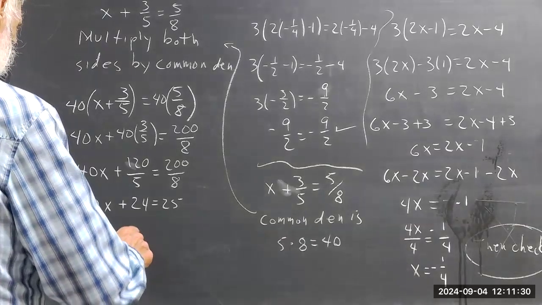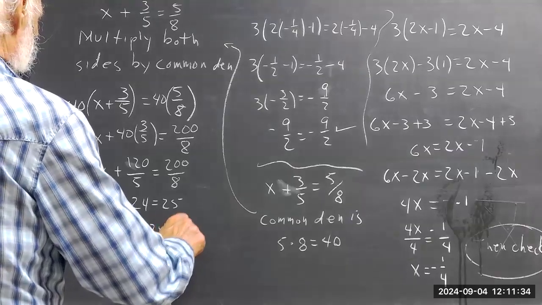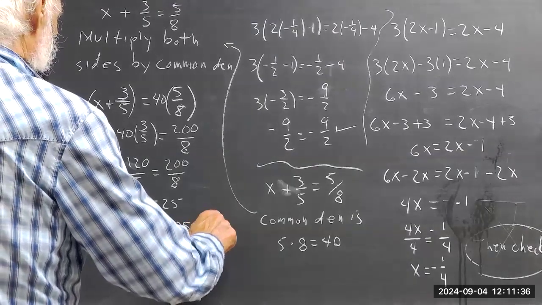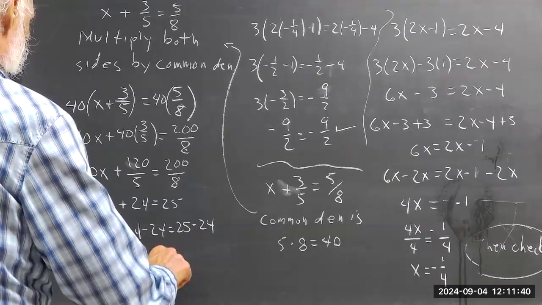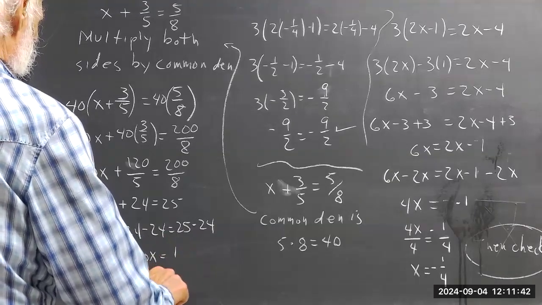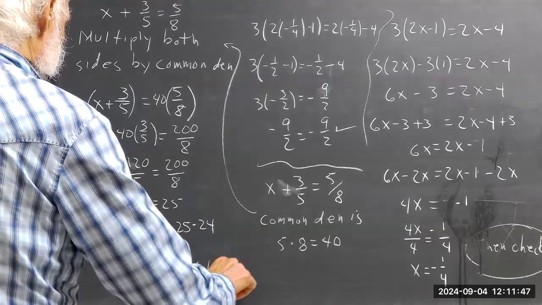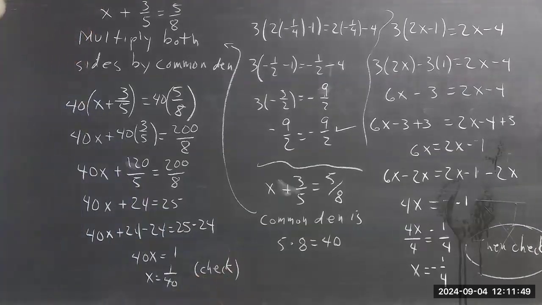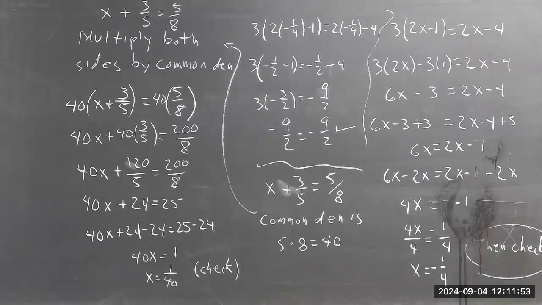Okay, so 40x plus 24 minus 24 equals 25 minus 24. So it's 140, you check that, okay?